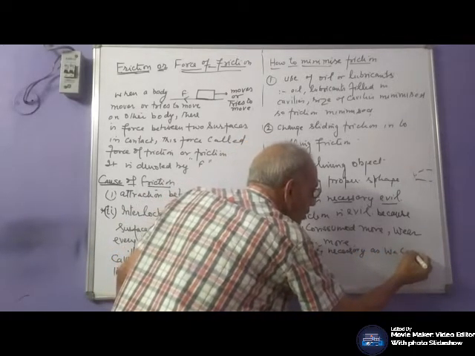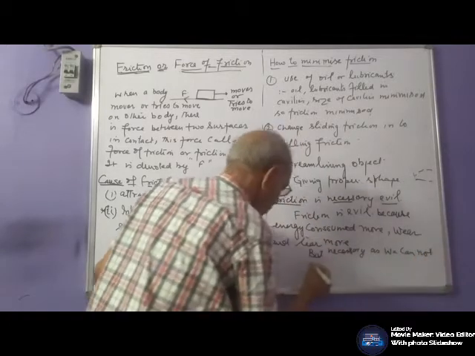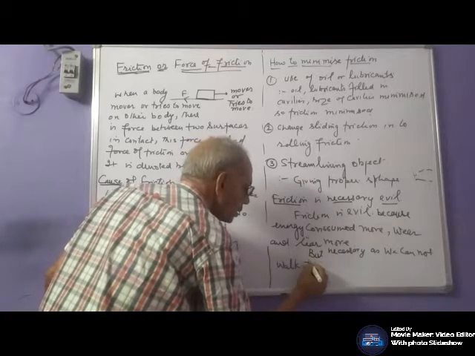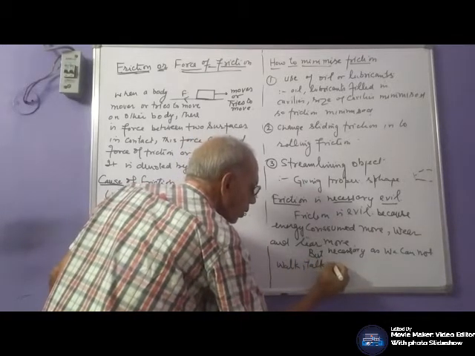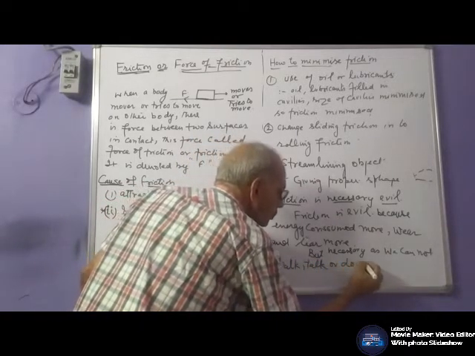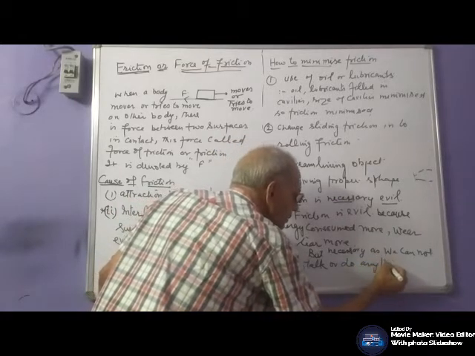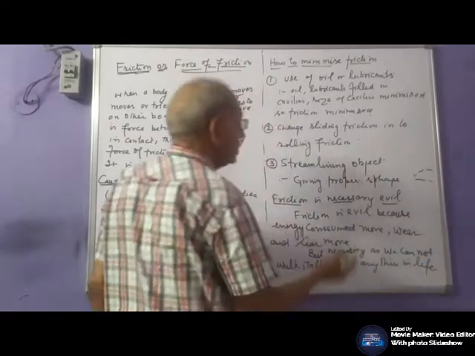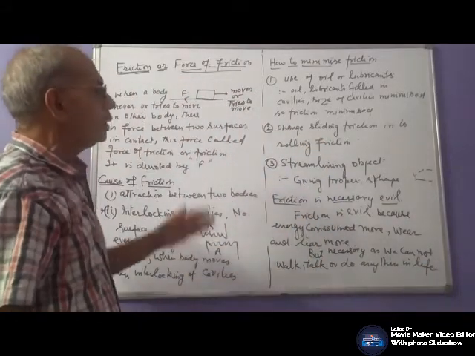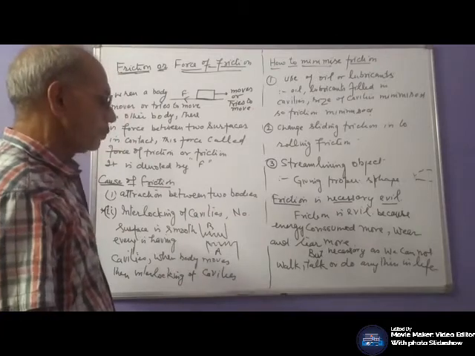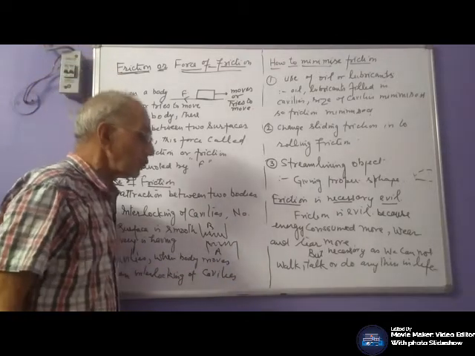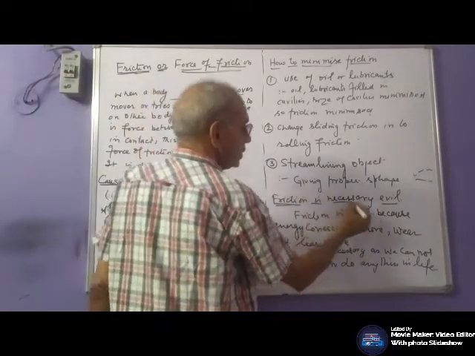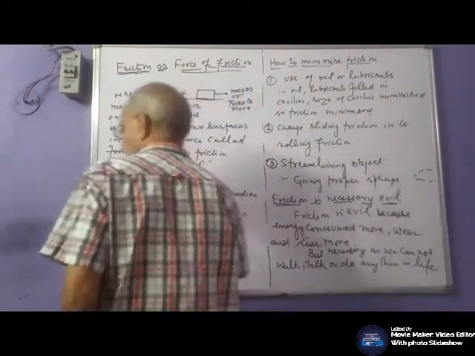We cannot walk, talk, or do anything in life. Writing on the board is possible because of friction. We can't do anything without friction. So friction is a necessary evil.